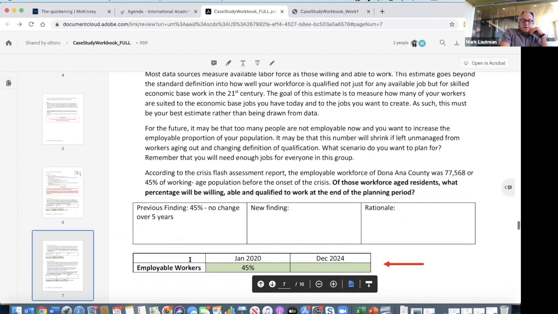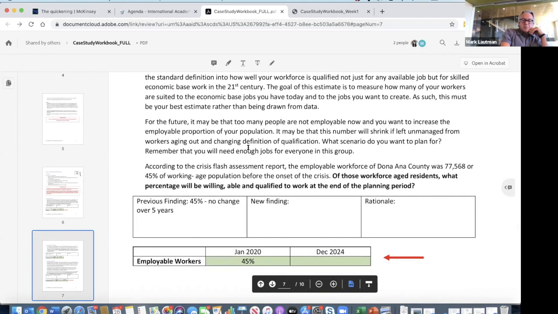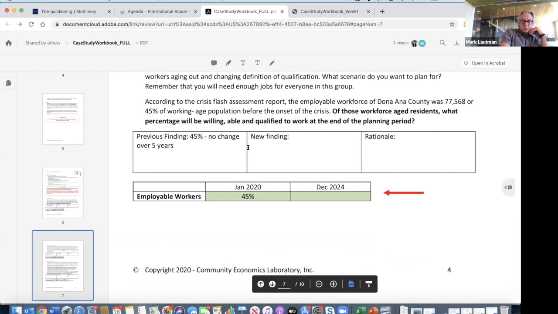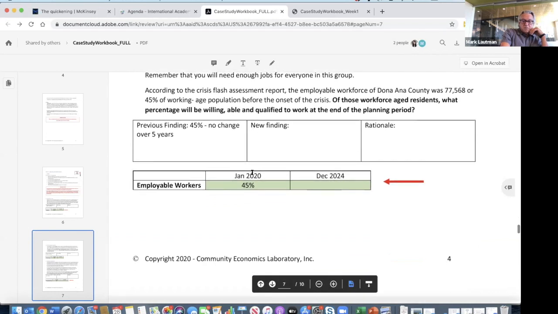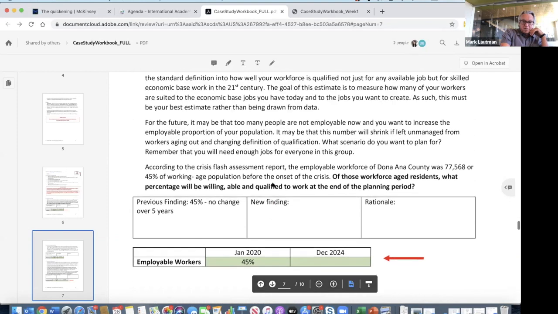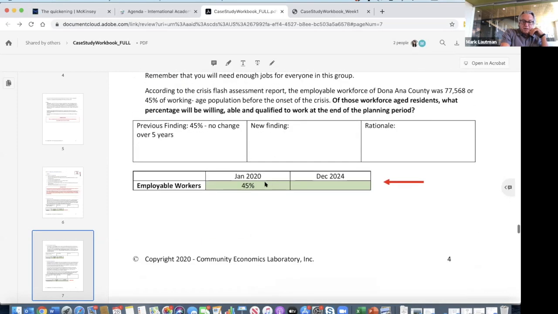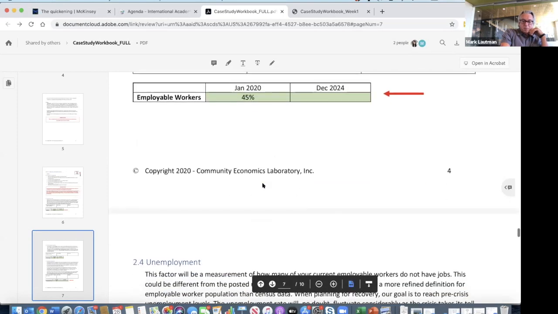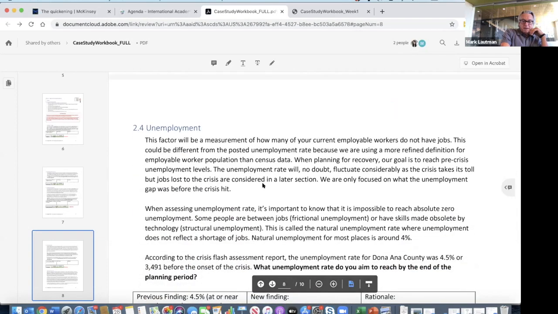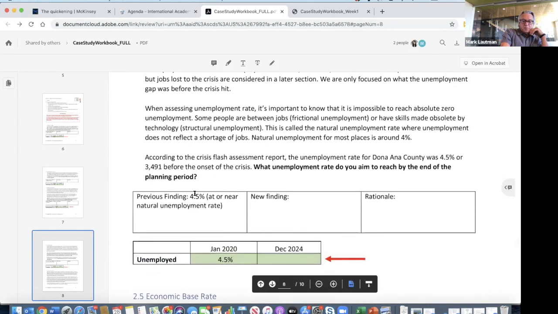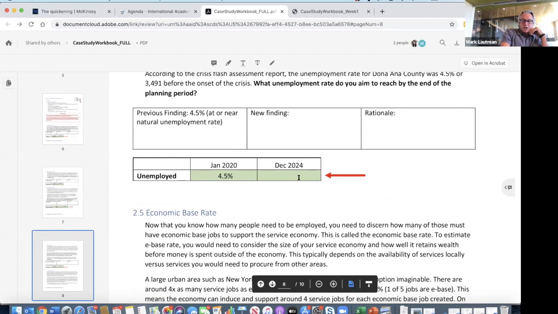Okay. So here's some narrative to some of those questions we just went through on the slide deck. So 45% of your workforce, of your 75% or your 79%, 45% are willing, able, and qualified. Unemployment, there's your unemployment rate. You think it's going to be different. So where these red arrows are is where you get a chance to change the number.